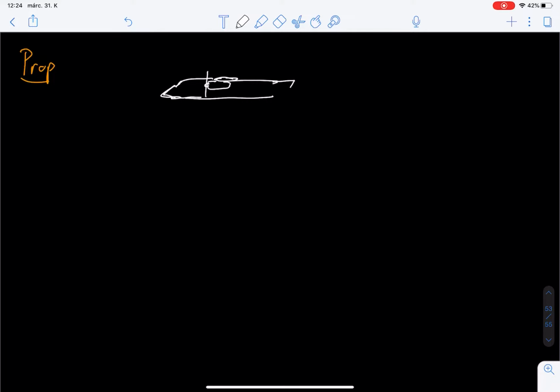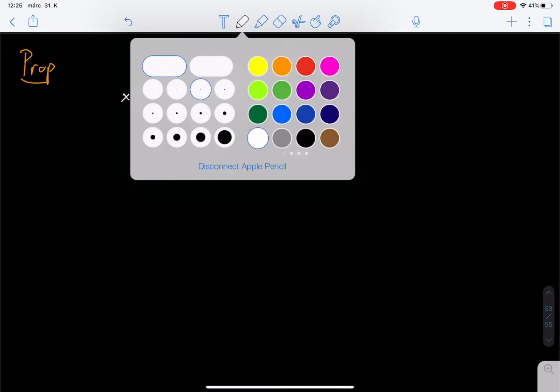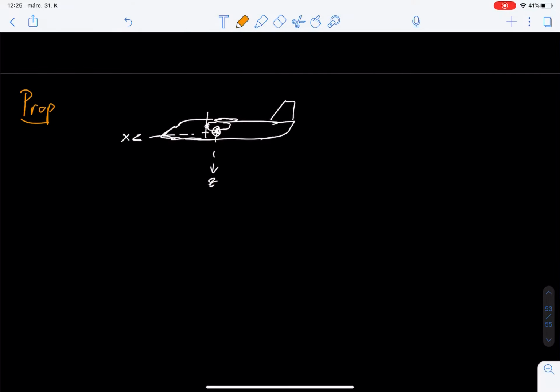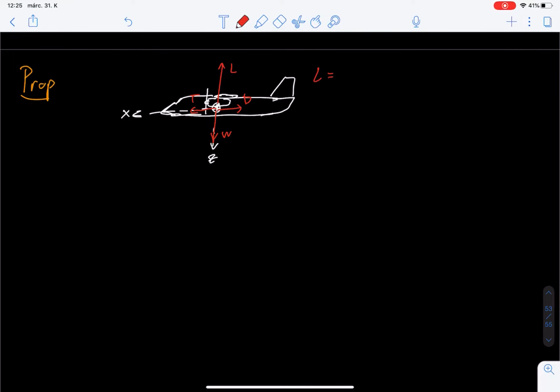Nice long fuselage, small tail, and center of gravity, longitudinal axis, vertical axis, and we have the same kind of set of forces acting, right? So we have the lift, we have the weight, we have the thrust, and we have the drag, and from this we know that the lift covers the weight and the thrust covers the drag.